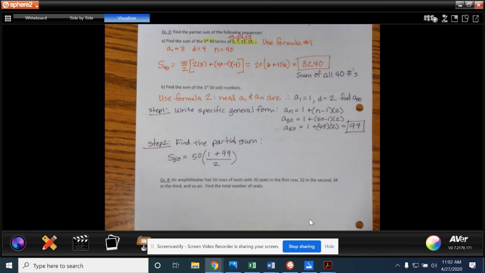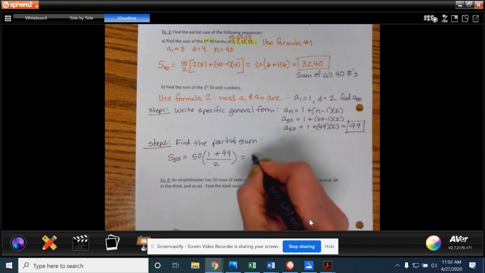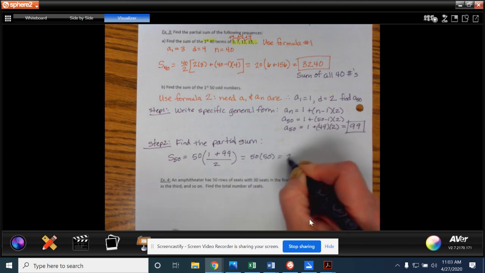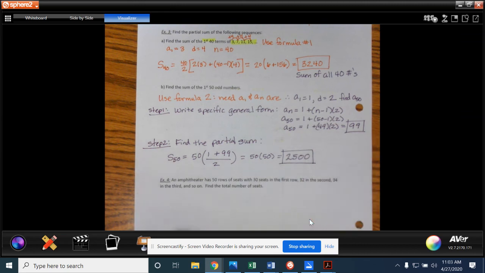Order of operations, I'm going to have 50 times 50, and I get 2,500. So the sum of this partial sequence is 2,500. I would not want to write all 50 numbers out and then try to add them. Most likely there could be a very easy math error to occur on that.